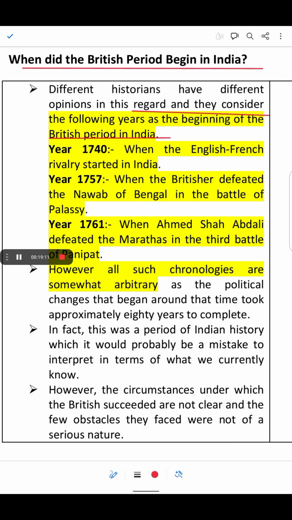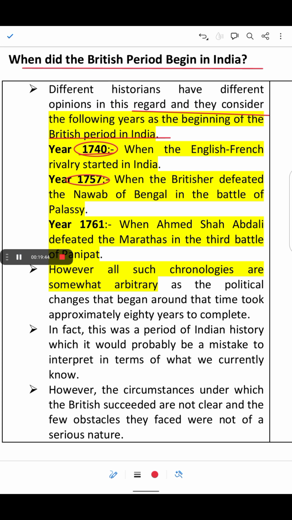So see, some historians viewed that the British period began in the year 1740 because in the Third Carnatic War, the British proved their supremacy over the other European powers. So some consider its beginning in the year 1740, whereas some consider that the British period began in 1757.